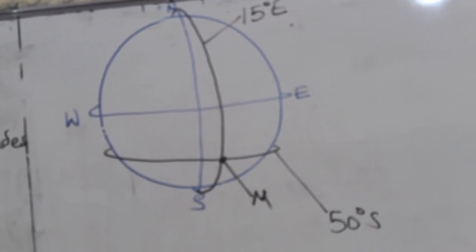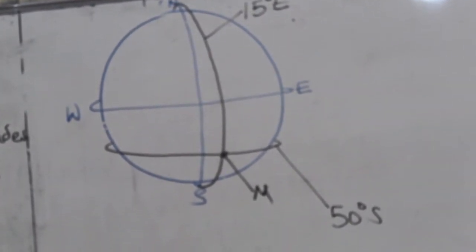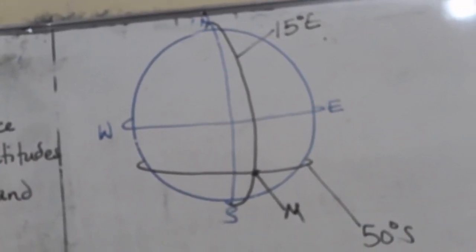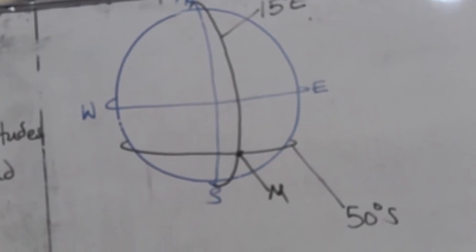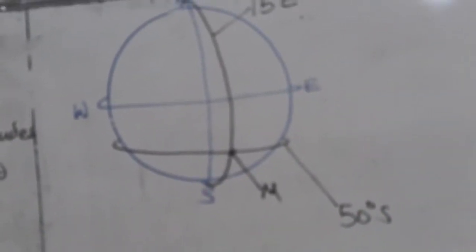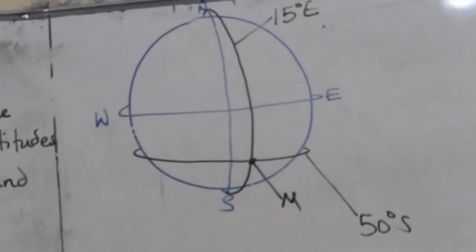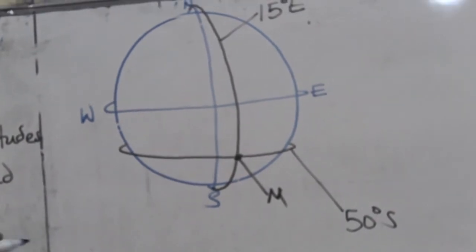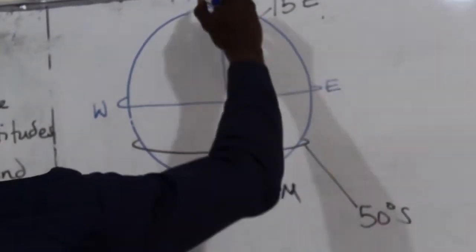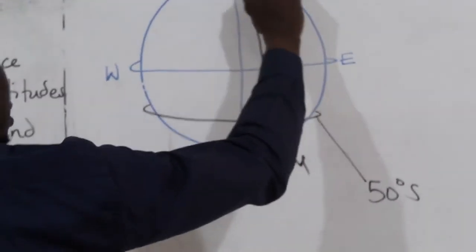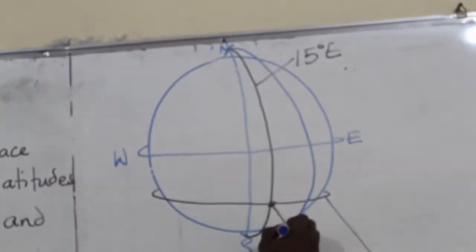The next thing I have to do now is to locate N as well. N is on the same latitude, so the line representing 50 degrees south will also be used for N. So the only thing I have to draw now is the 75 degrees east. Since it's on the same side of the Greenwich Meridian, my 75 is going to be around here.